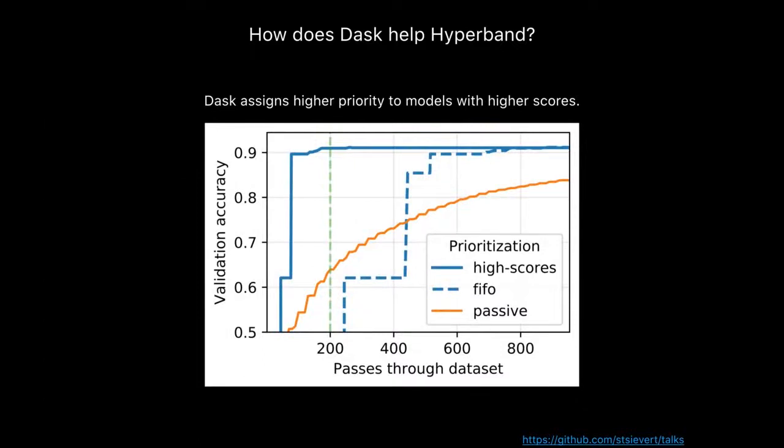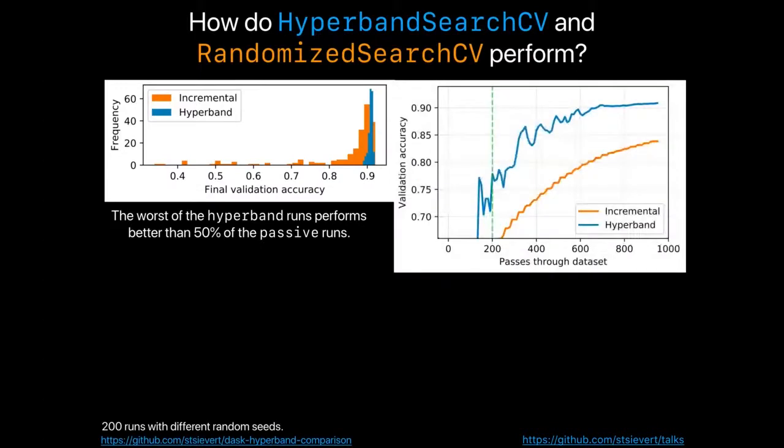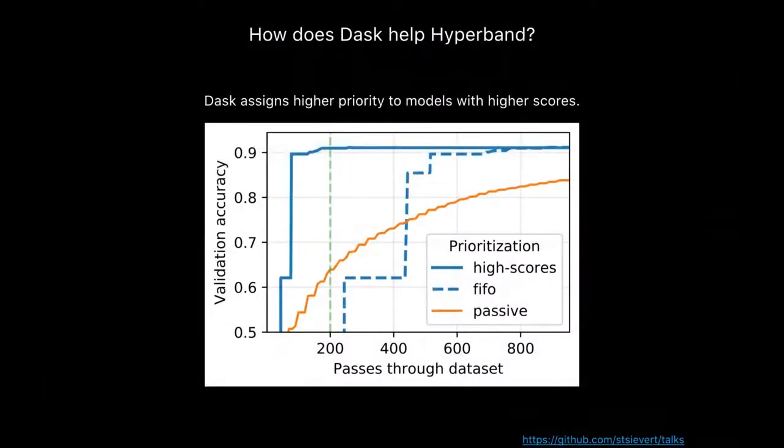That experiment is shown by this graph. So the two blue lines, those are one run from Hyperband Search CV on the last graph. This graph, this is the mean. These lines are one run from that mean, from the 200 runs.